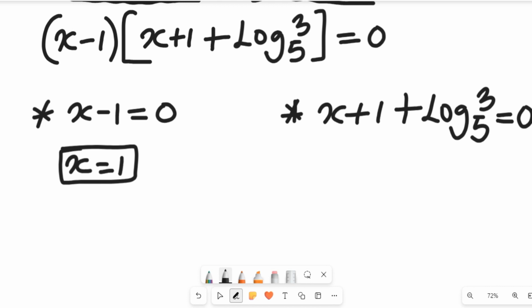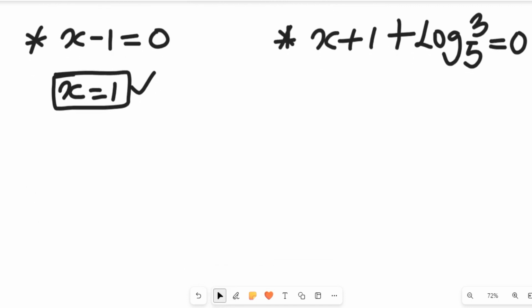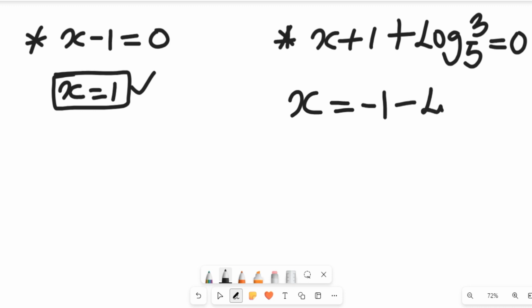Now, having gotten one of the solutions, we're going to look for the second solution. From this expression, we can get the second solution. If we take all values without x to the right hand side, this will be equal to minus 1 minus the log of 3 base 5.